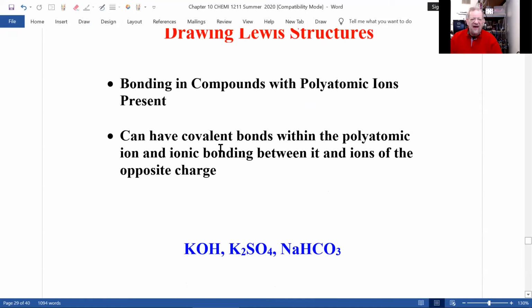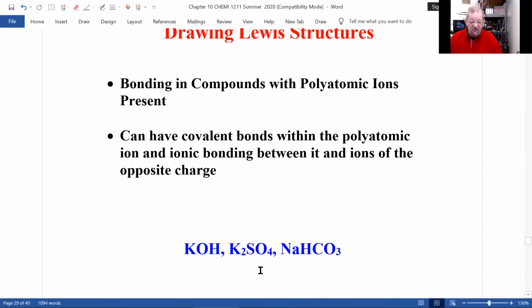Now, let's look at Lewis structures involving polyatomic ions. These are molecules that have ionic bonds and covalent bonds.